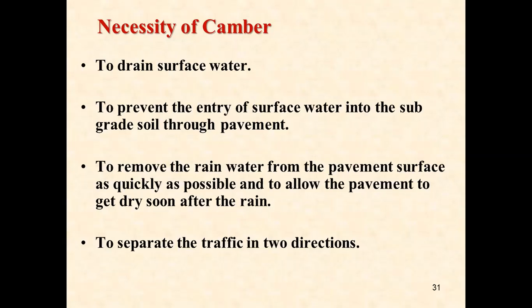Damage in terms of potholes develops, and it does not give smooth riding for the vehicles. So the vehicles get damaged, and sometimes it may even lead to accidents because of the potholes. The camber is also designed to improve the appearance of the road.